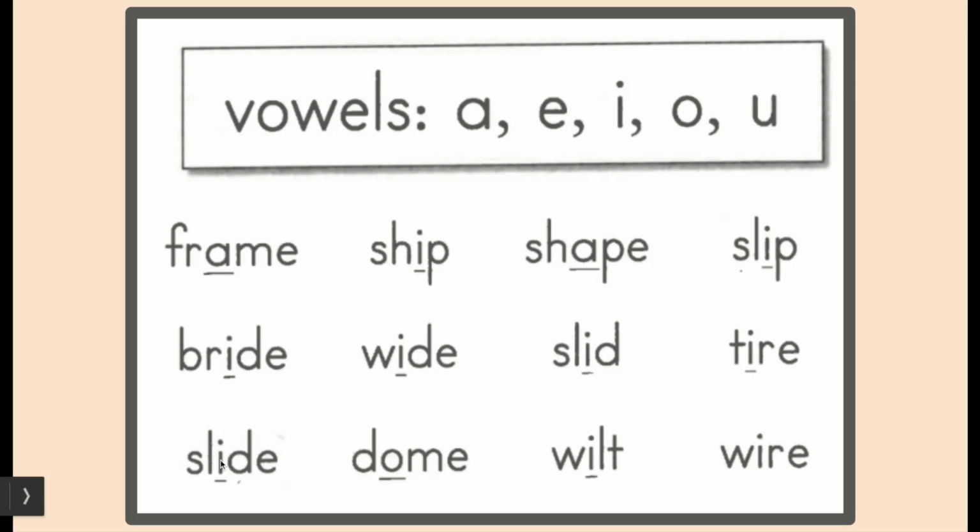E at the end, the vowel says its name, I. Slide. E at the end, the vowel says its name, O. Dome. No E at the end, the vowel says its sound, I. Wilt. E at the end, the vowel says its name, I. Wire.